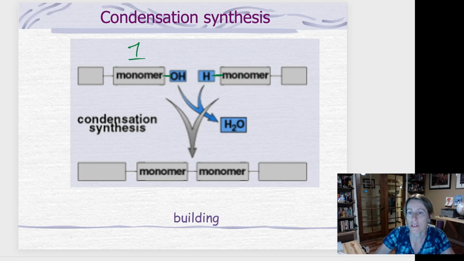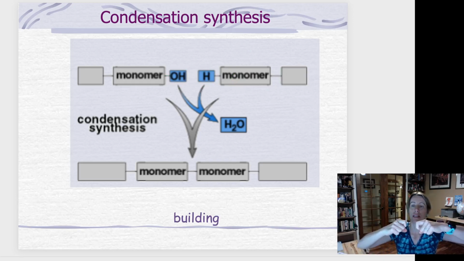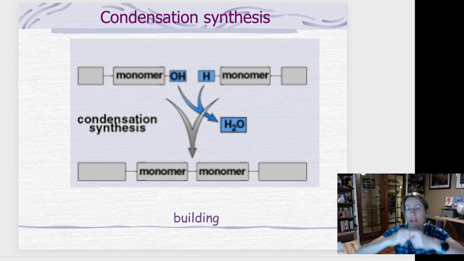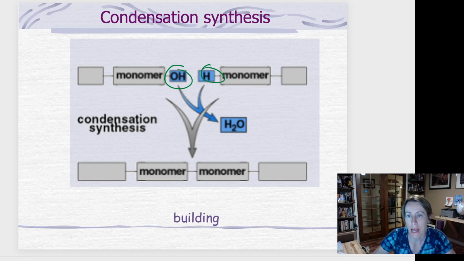All right, so if we get these two monomers and we put them side by side, so the one on the left and the one on the right, here's my hydroxyl, here's my hydrogen. When they get together, the OH from one and the H from the other can be combined, and you have two H's and an O. And there they are, two H's and an O. They combine together to make a separate molecule of H2O, which kind of is released, like given off, comes out, and then this monomer hooks itself directly to that monomer.